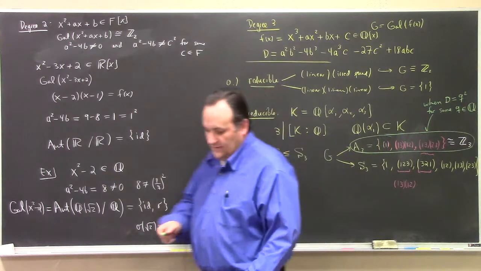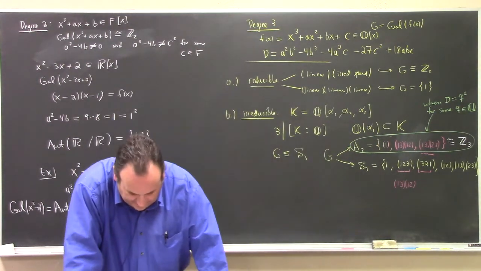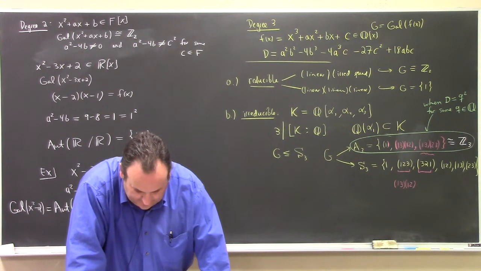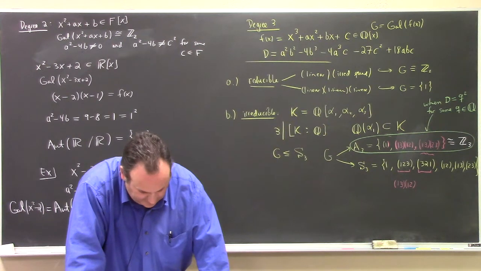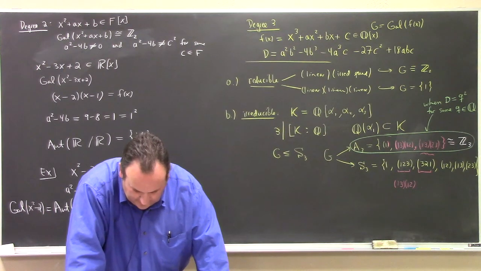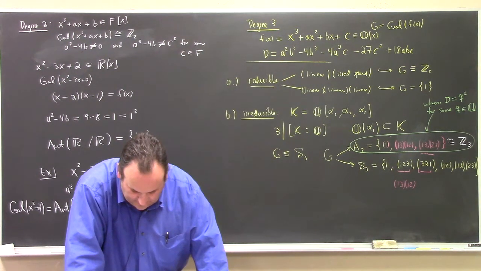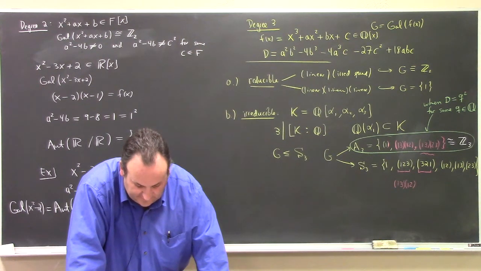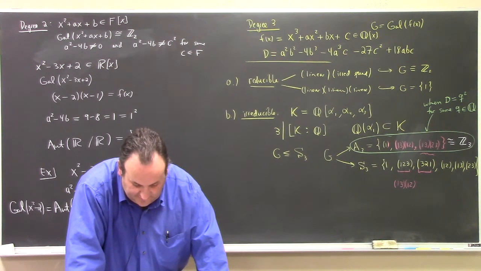And I'm assuming the other case, right? Okay. He says, if D is not a square of an element of F, then the splitting field of f(x) is degree 6 over F. Hence the field is F adjoin theta and a square root of D for any one of the roots of f(x).